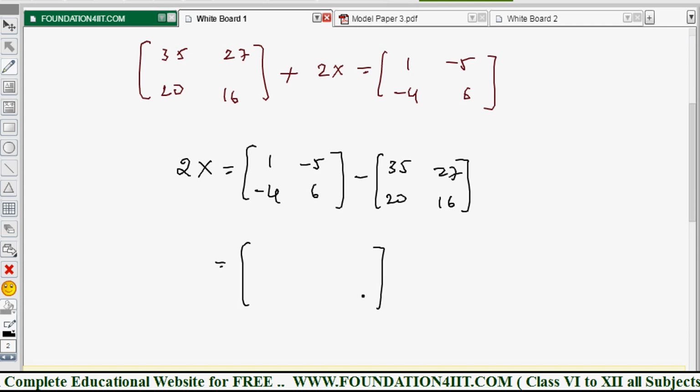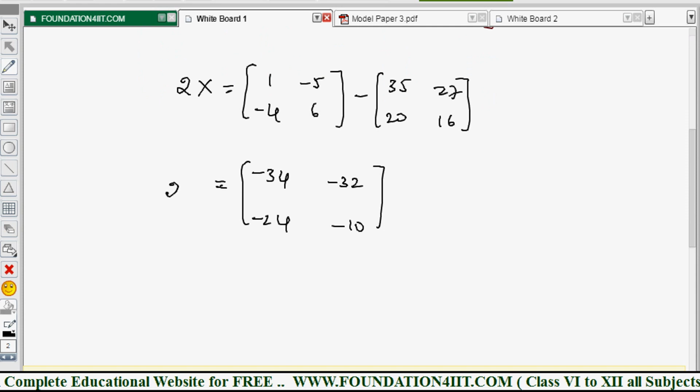This is the subtraction of these two matrices: 1 minus 35 is minus 34, and minus 5 minus 27 is minus 32, and minus 4 minus 20 is minus 24, 6 minus 16 is minus 10.